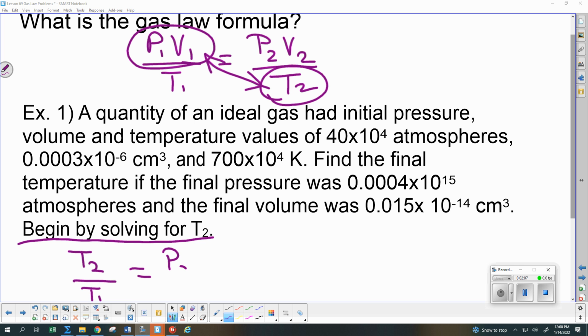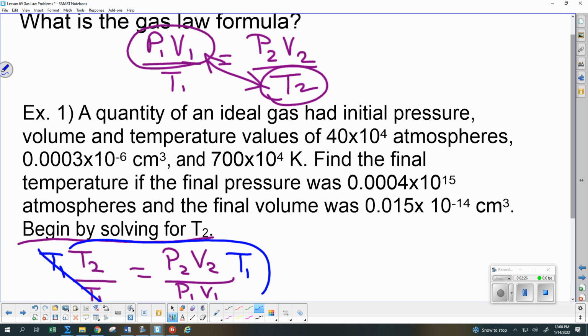And then that equals P2V2, and now I'm putting P1V1 in the denominator. Now to get rid of the T1, I'm going to multiply both sides by T1. So it goes away over here. And here is my formula for what I need to do to find T2.